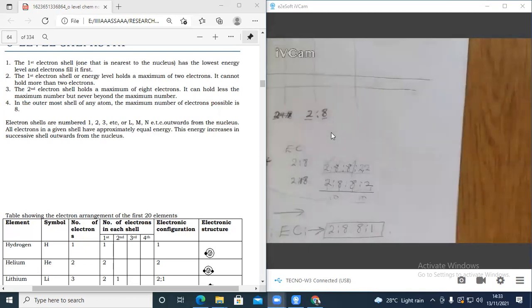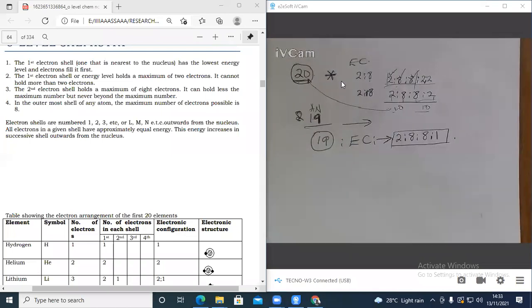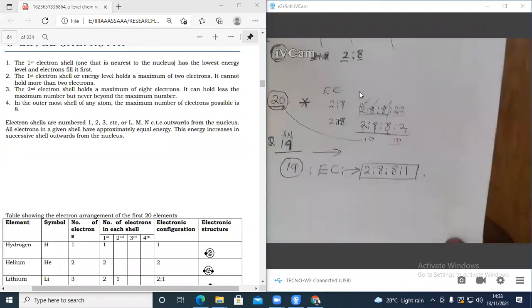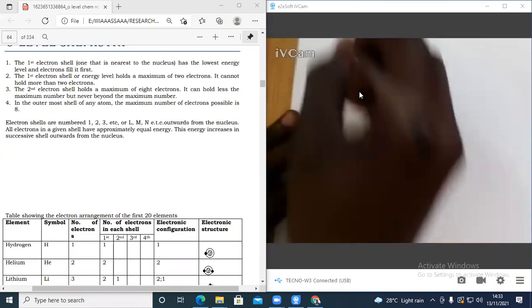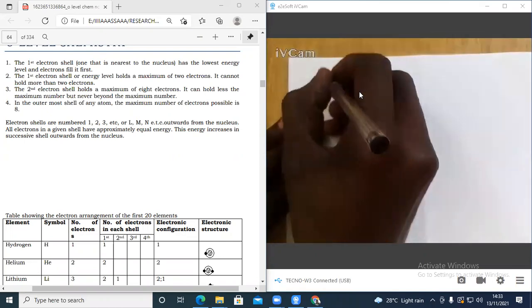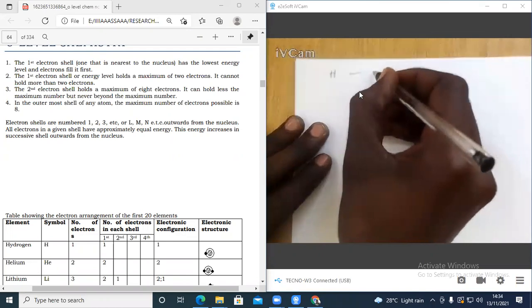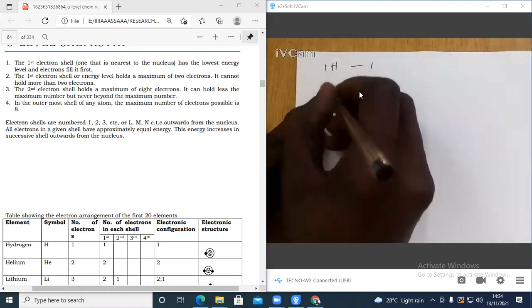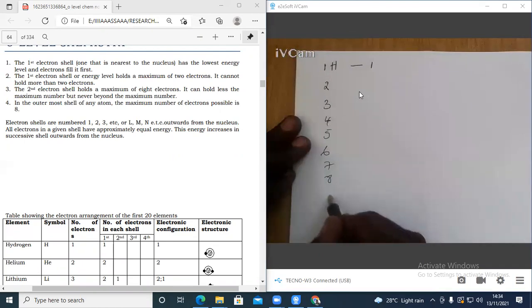Now, if I give you the first 20 elements in the periodic table, can you draw their electronic configurations? The first element in the periodic table is hydrogen. Its electronic configuration is 1. Let me write them here: 1, 2, 3, 4, 5, 6, 7, 8, 9, and 10.